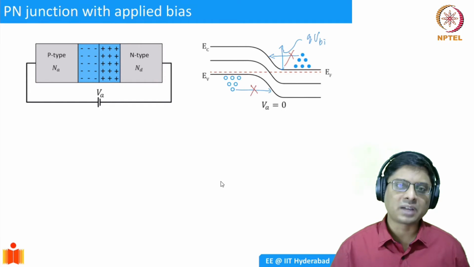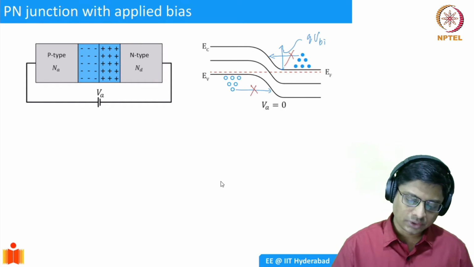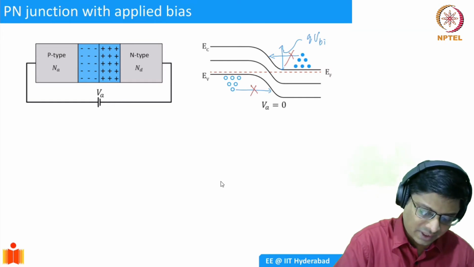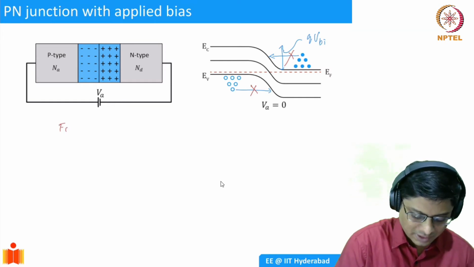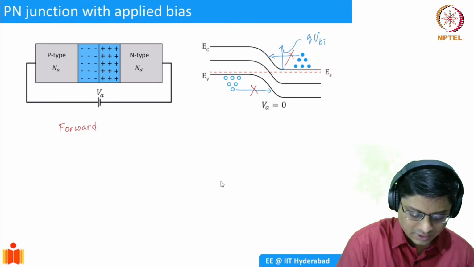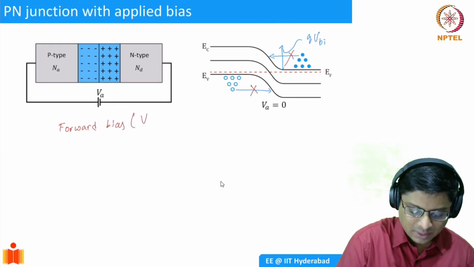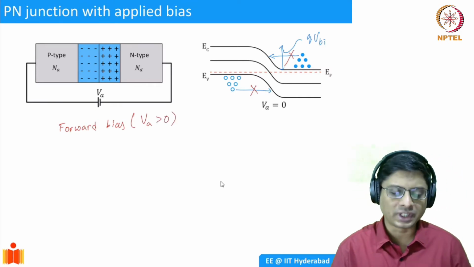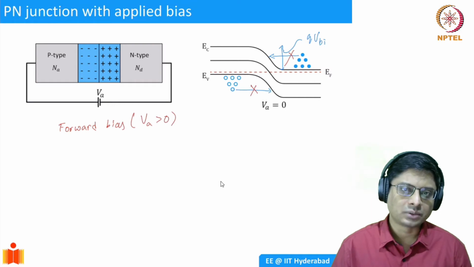Now, when we apply voltage, what happens? We will apply two types of voltages. The first is forward bias. When we say forward bias, we mean the applied voltage is greater than zero. I apply a positive voltage. What would happen?